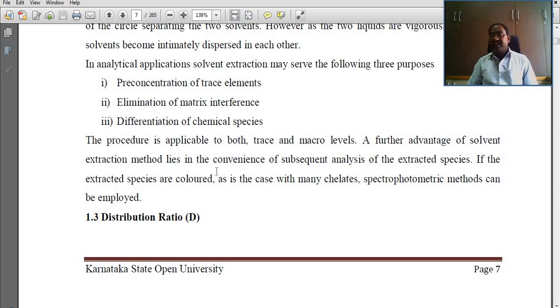A further advantage of the solvent extraction method lies in the convenience of subsequent analysis of the extracted species. If the extracted species are colored, as is the case with many chelates, spectrophotometric methods can be employed.